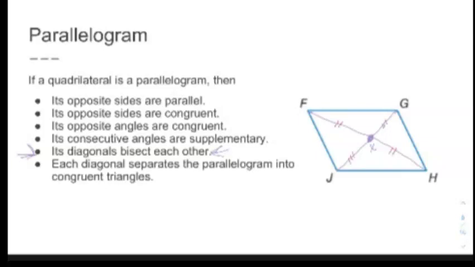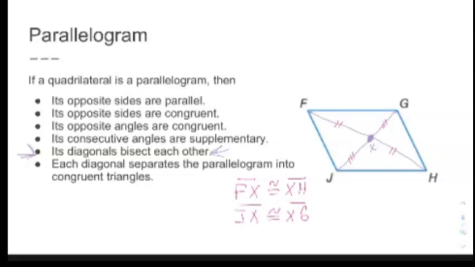So FX is congruent to XH, and JX is congruent to XG. They're not congruent to each other, but they are bisecting each other.